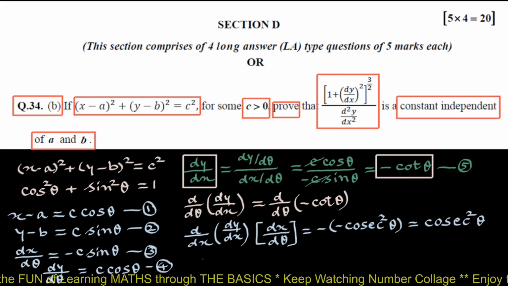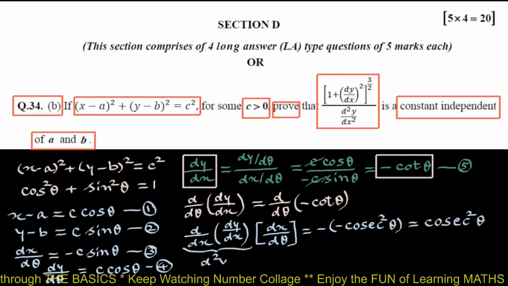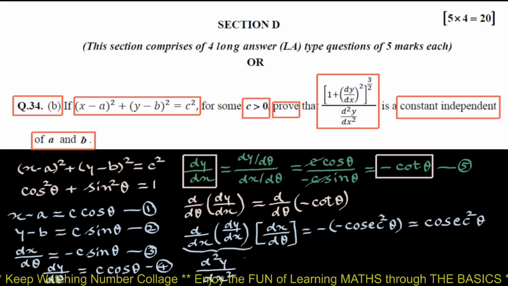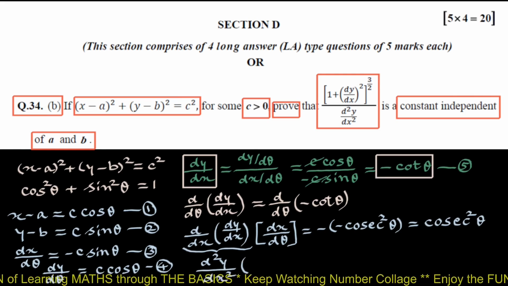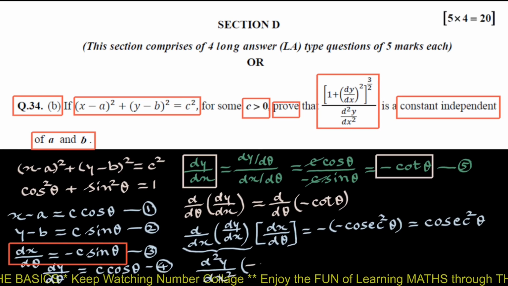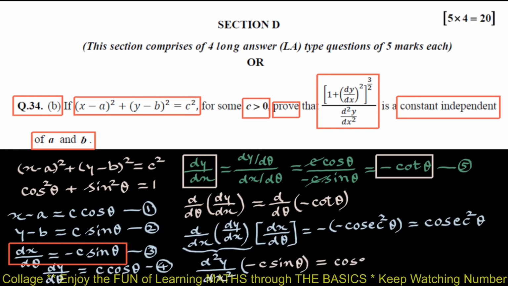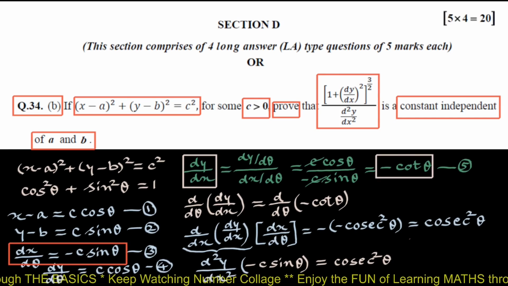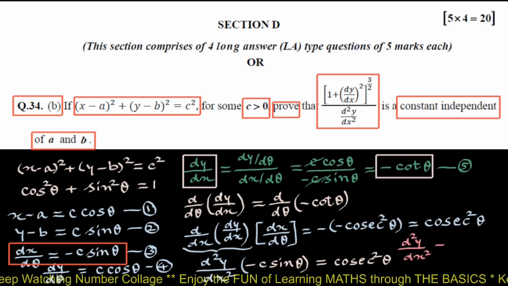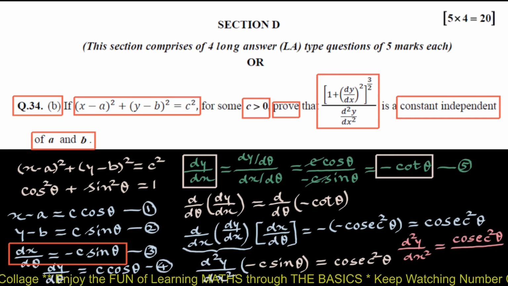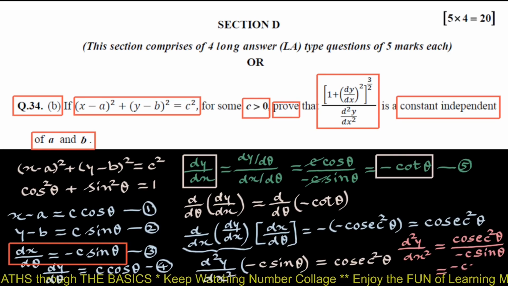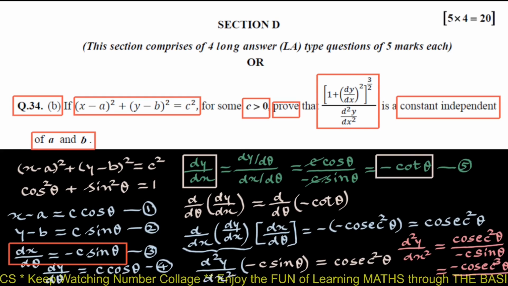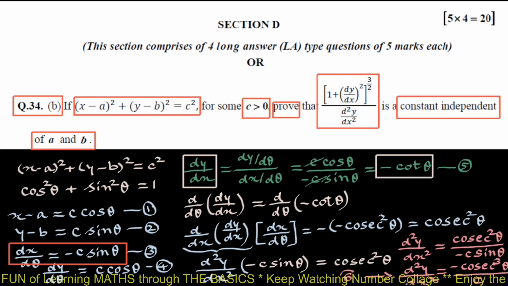So we get for this part d2y/dx square times dx/d theta, which from expression 3 is minus c sin theta, equals cosec square theta. So d2y/dx square becomes cosec square theta upon minus c sin theta. That equals minus cosec cube theta upon c. We will name this expression 6.